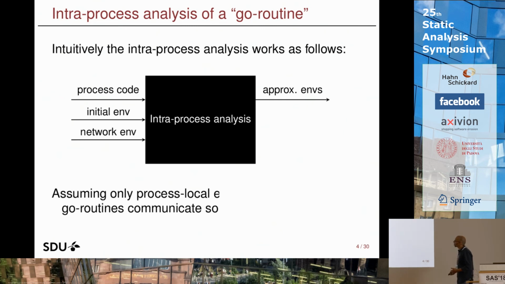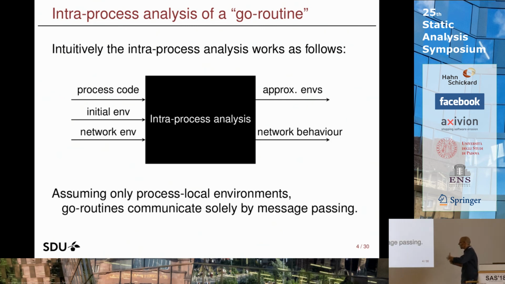So in this work, you can see that as extending that very classical setup, because we're also feeding it this approximate network environment description and subsequently computing, or reading off, extracting some kind of network behavior as a result.